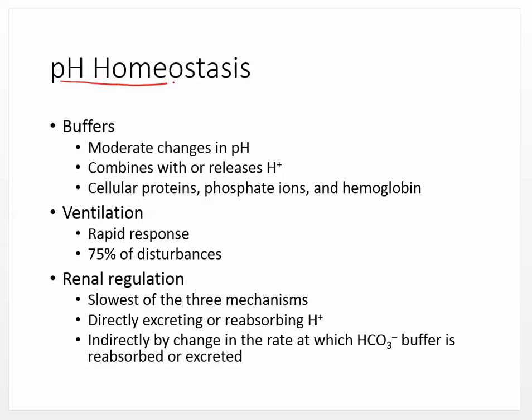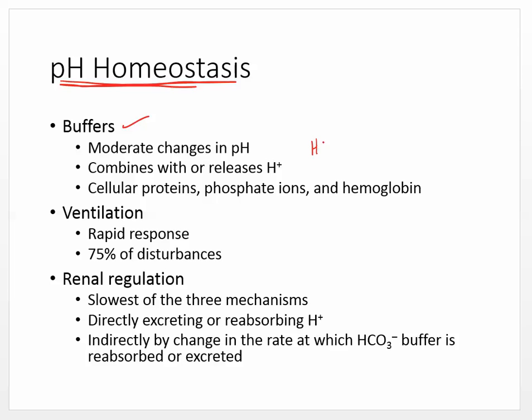For pH homeostasis, to maintain that pH in a tight range, the first step is buffers. That hydrogen is either going to combine with something or be released, and that controls the hydrogen ion content.